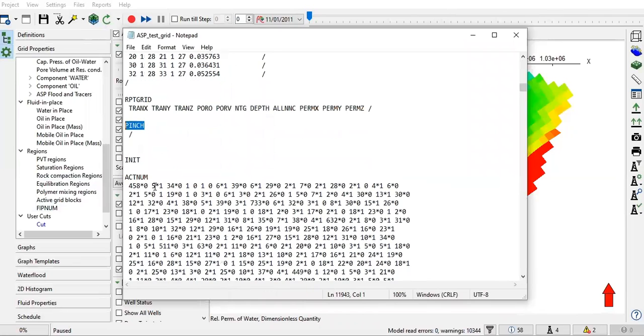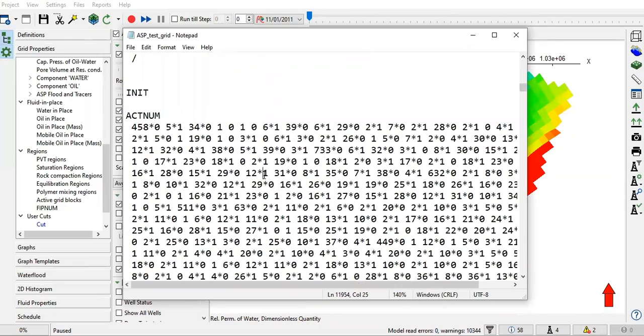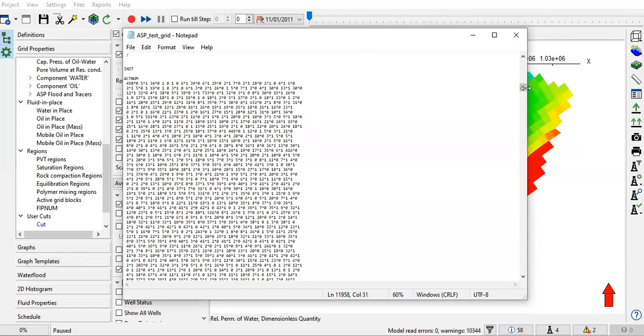And pinch, init, Eng-Man, right? So basically we define cells that are active and inactive. Active will be valued 1 like this, and then inactive will be 0. So that's for the Eng-Man.